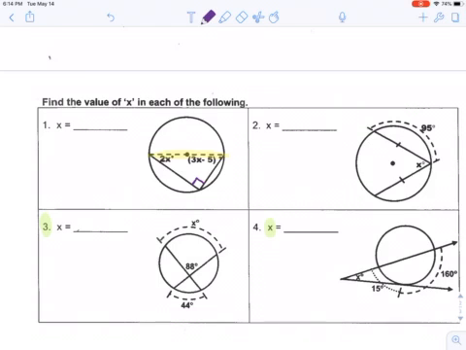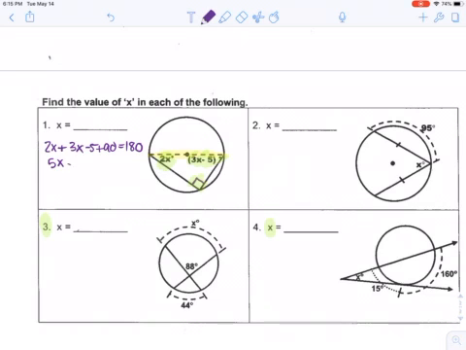So again, we're going to set up our problem where all the parts, we add them up and they equal 180. So 2x is this part right here plus 3x minus 5, this part right here, plus 90, the inscribed angle, equals 180. 2x plus 3x is 5x. 90 minus 5 is 85.